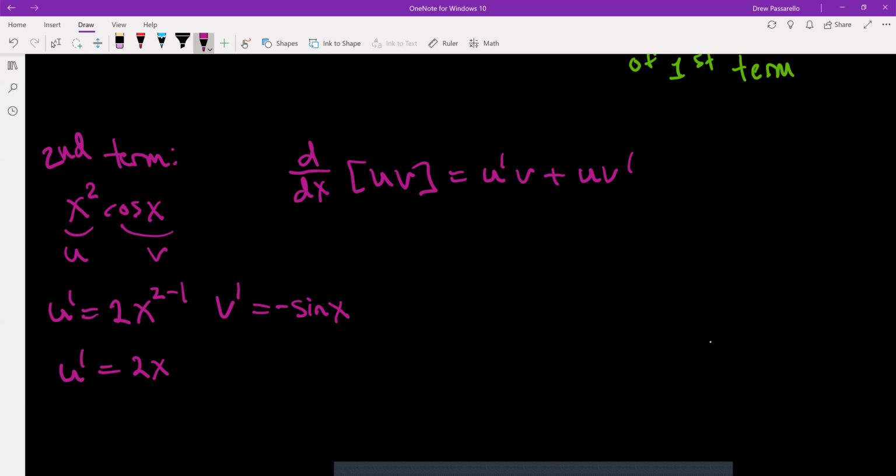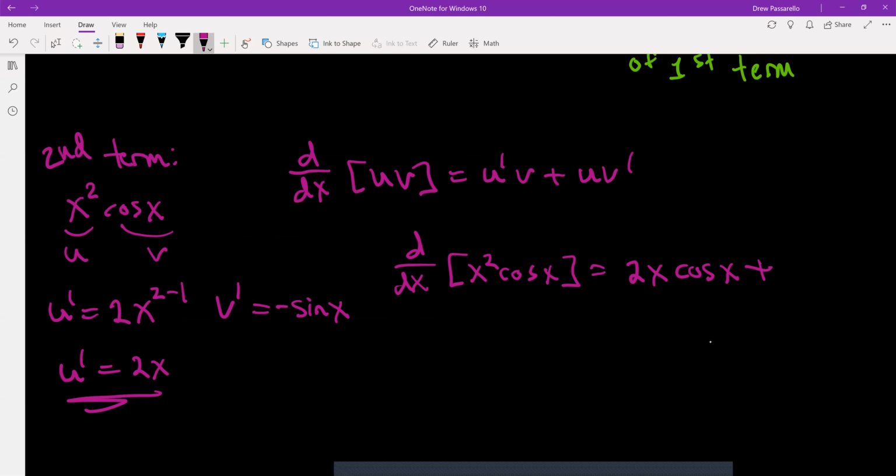So if I take the derivative of x squared cosine x, it's going to equal u prime times v. Well, u prime is 2x, and v is cosine x. And then plus u v prime.